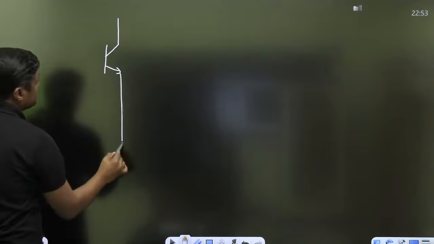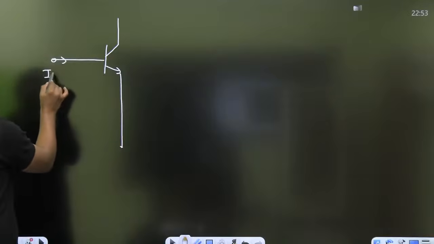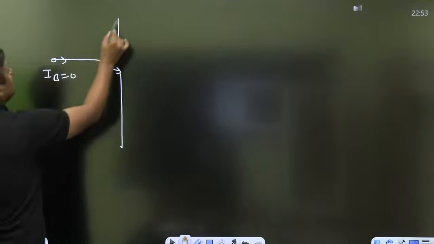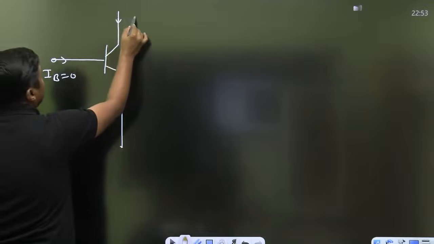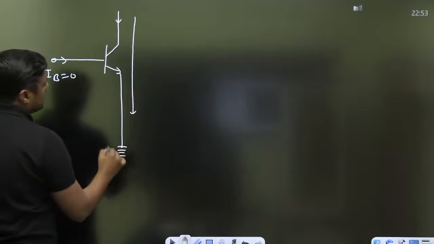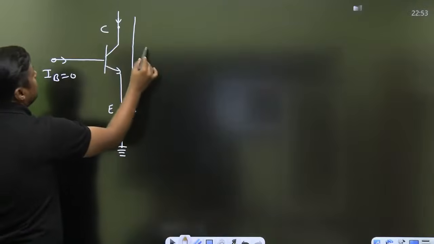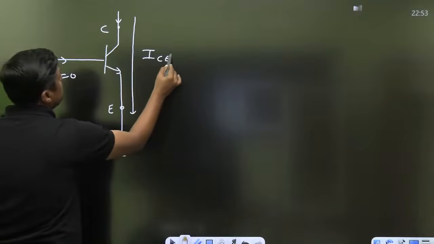There is another important current, when the base is open. Base is open means the base current is 0. There is a current from collector to emitter when the base is open. That current is given by ICEO.